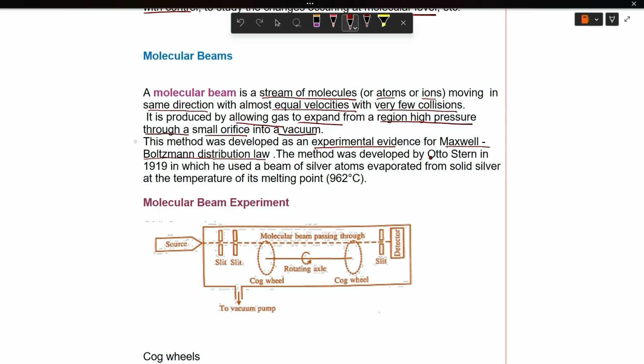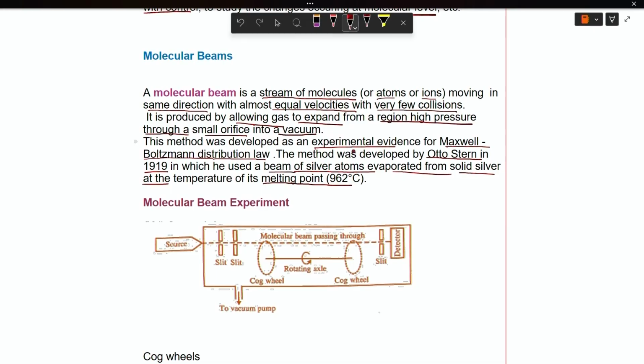This was developed by Otto Stern in 1920, where he used a beam of silver atoms evaporated from solid silver at its melting point. It is a high temperature, that is 962 degrees Celsius. The solid silver is evaporated into gaseous form, where we have the silver atoms.